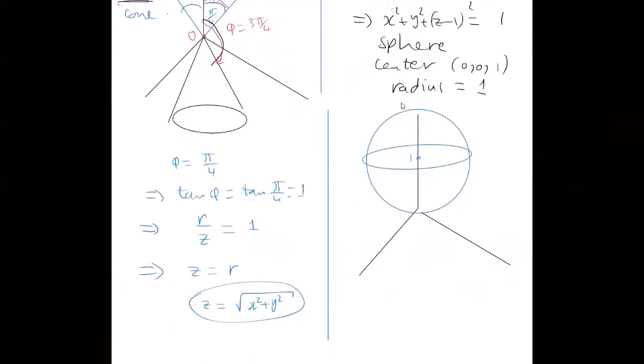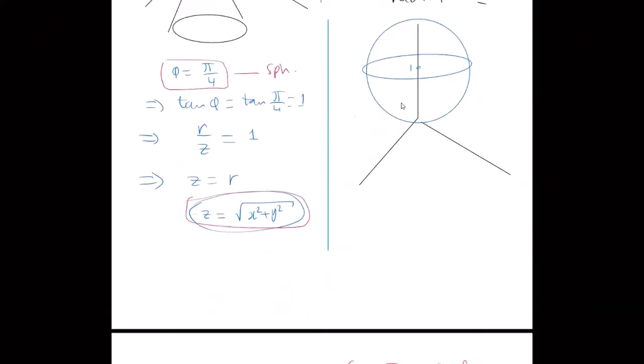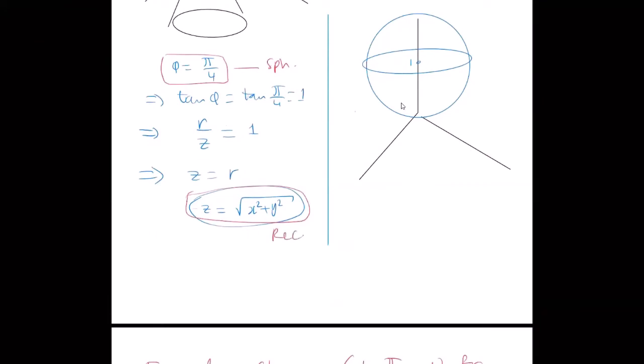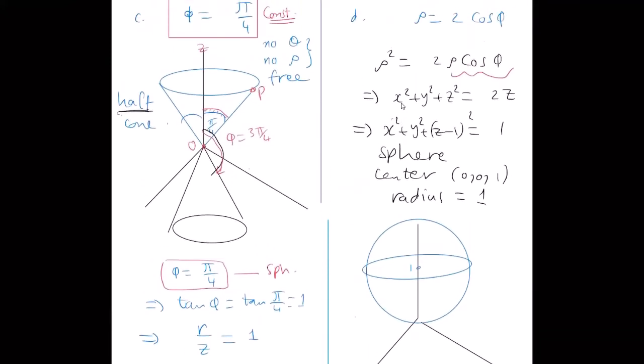Look at this, phi equals pi over 4. Look here, z equals the square root of x squared plus y squared. This is the same, but this is in the spherical coordinate system, and this is the rectangular or Cartesian coordinate system. Got it?